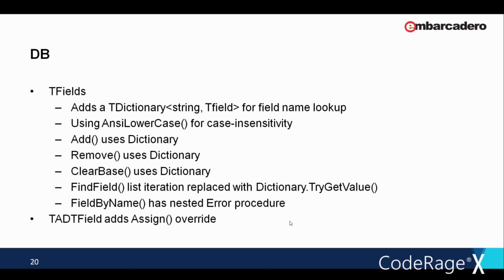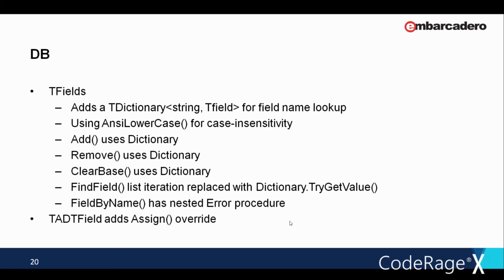And that dictionary index is used for add, remove, clear base. Find field has a list iteration that's replaced with a dictionary try get value. So that's probably going to be the most significant one.